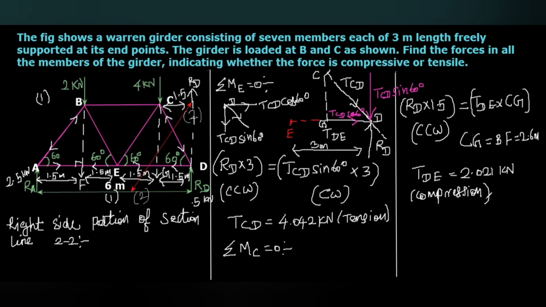So now by using section line 2, we calculated the forces in the members CD and also ED. Then three forces in the members remain to be calculated, which we will calculate next.